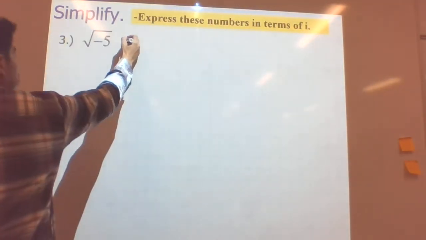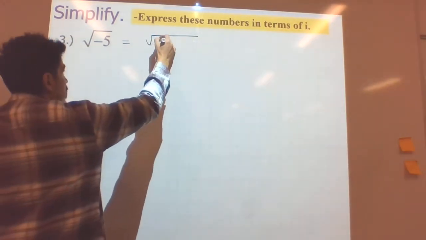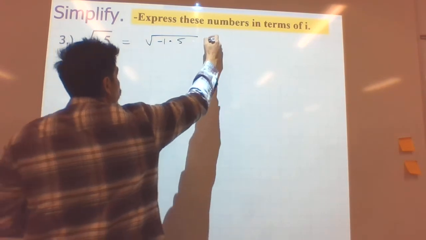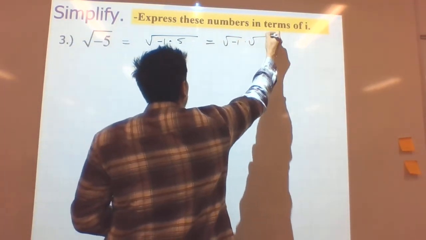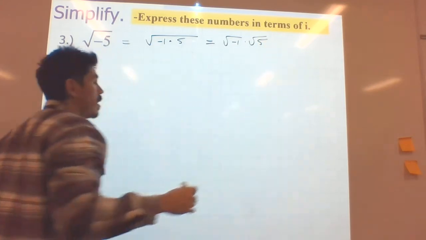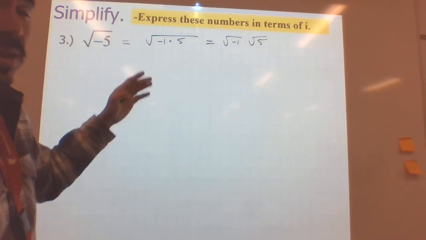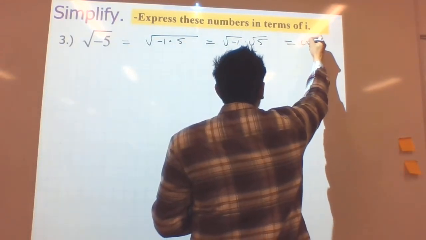The same way we did before, we know that we can, how do you get negative 5? You say negative 1 times 5. We can break it up into the square root of negative 1 times the square root of 5. And once you get there, you can say, hey, we have the square root of a negative number. What does that equal? Well, this equals i.